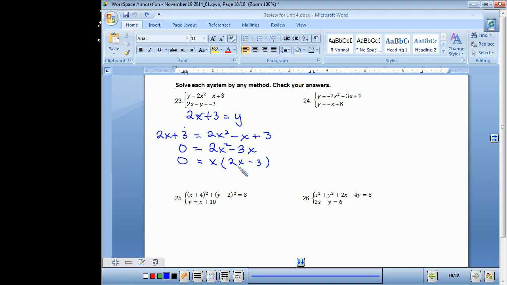So what could I plug in here that would make the product 0? 0. What could I plug in here? 3/2. That's where I get my x values. And we have to plug them back into here to find the y values that coordinate with them.